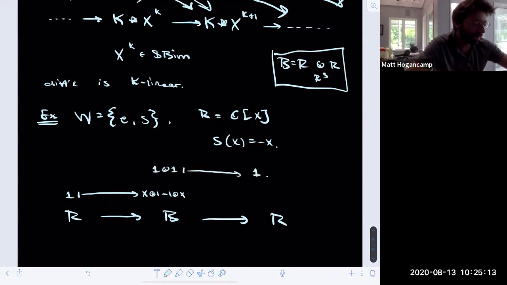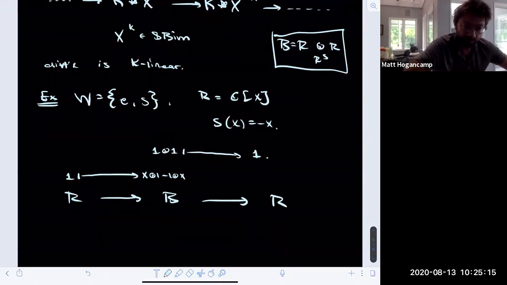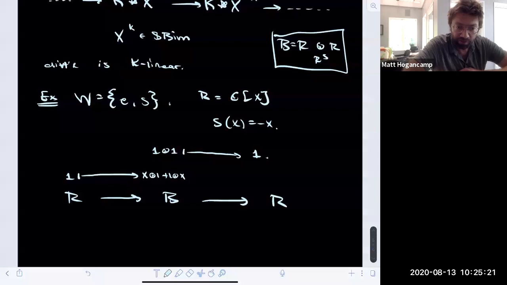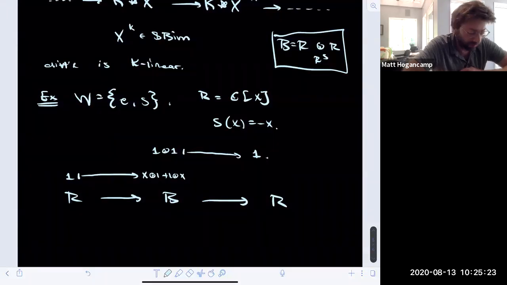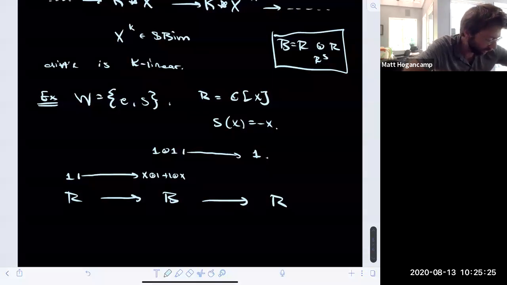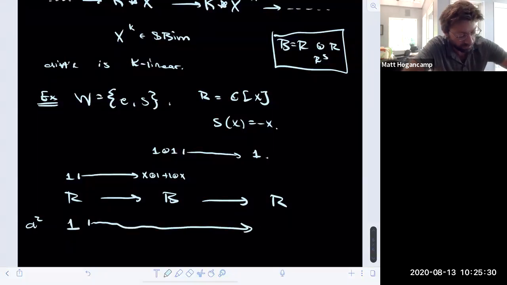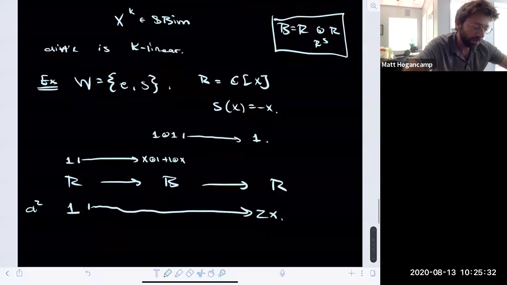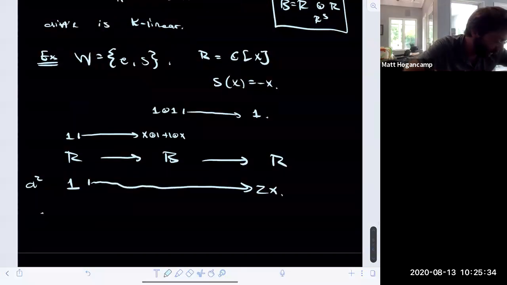And notice this does not define a chain complex, because D squared sends 1 in the leftmost position to a 2x in the rightmost position. But this is 0 in the left quotient.